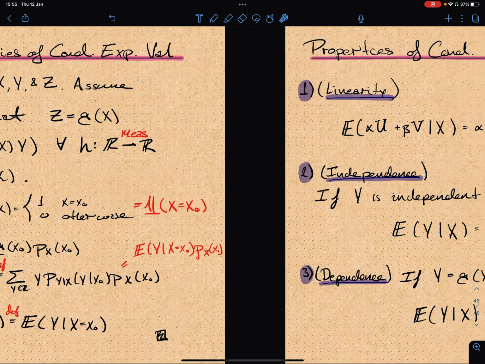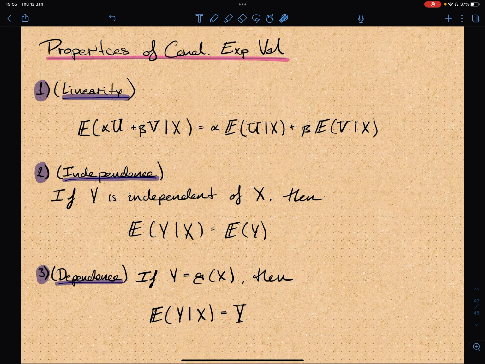And now to wrap up this lecture, I'm going to go through a few properties of conditional expected value. These are the three main properties that you need to work with conditional expected value. First is linearity, and these are also properties of expected values. These properties extend to the conditional case.